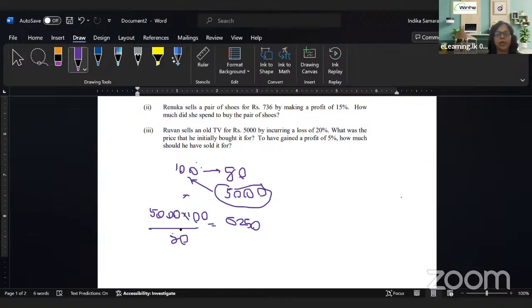Then you can have the answer 6,250. Now we know it is the initial price. Right? To gain a profit of 5%, how much should he have sold it for? Then කියනවා අපි 5% profit එකක් ගන්න නම් කීයකටද විකුණන්න?